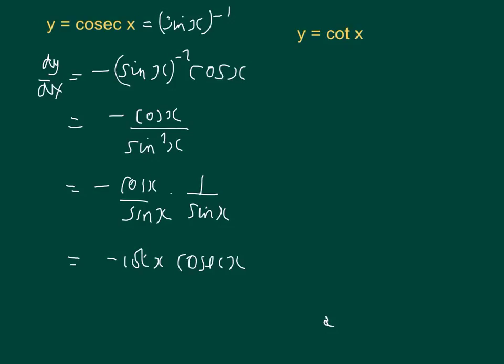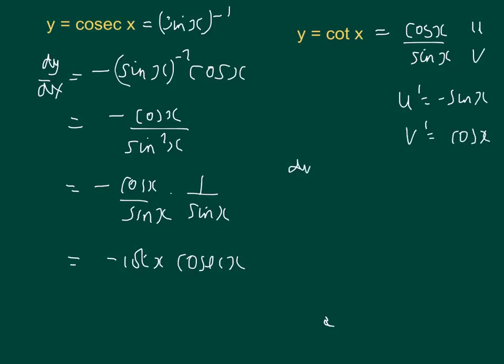Last one, so we're going to do this in a similar way to tan. So we're going to write cot x as cos x over sin x and use the quotient rule. So that's our u, that's our v. U dash this time will be minus sin x and v dashed will be cos x.